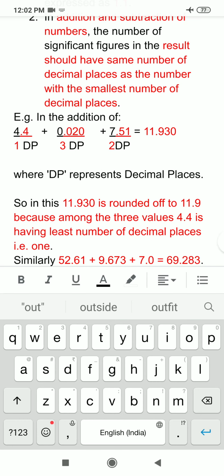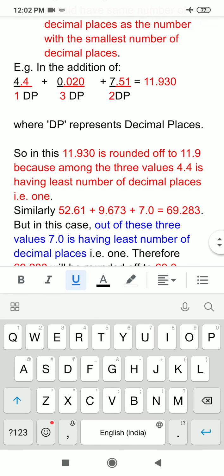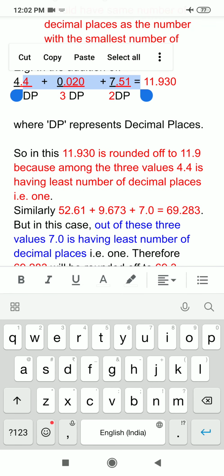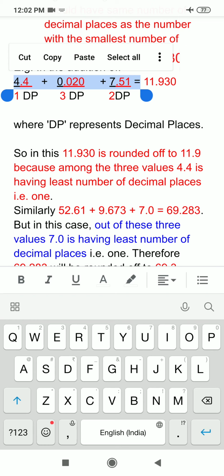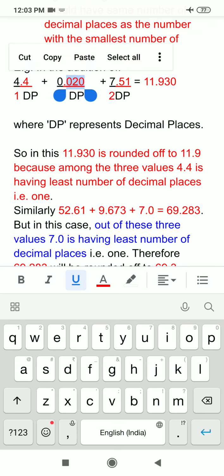Suppose I am adding 4.4, 0.020 and 7.51. In this case, you can see 4.4, which I have highlighted in red and also selected, is having one decimal place, and 0.020 is having three decimal places.